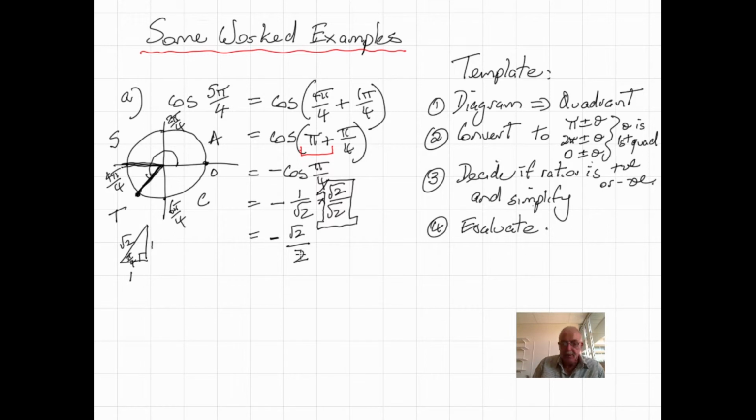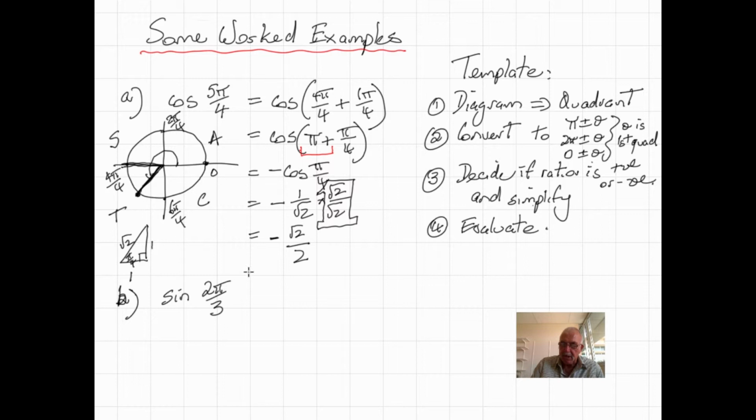Okay, let's move on, do another one. So number 2, we're using the letters B, we want the sine of 2 pi on 3. Now, bear in mind also that you could be using degrees here. I'm using radians, and I think you're going to use radians more and more as you work through these courses at university.